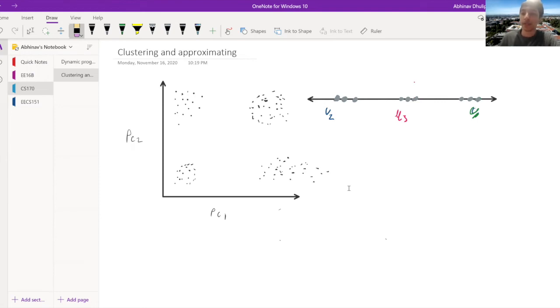Okay, so how do we get around this? What's our approximation? Well, fortunately, we have a pretty easy approximation algorithm for clustering, and this is called k-means. Or k clustering, whatever. It doesn't necessarily need to be k-means, but for this example, we're going to illustrate with k-means.